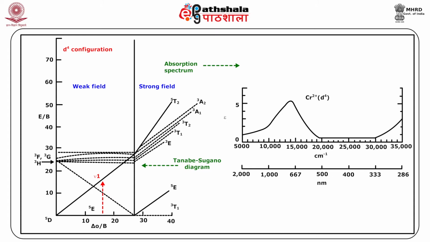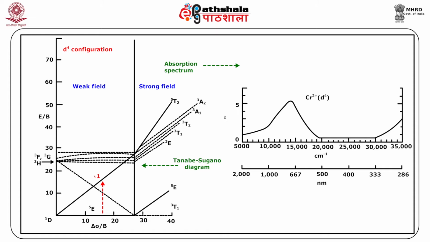In case of weak field, the term 5D splits with the ground state term as 5Eg, having the anticipated spin multiplicity of 5. Now, as we move from the weak towards the strong field limit, it can be seen that the ground state changes to the triplet T1g, which correlates with the triplet H term in the free ion case. The spin multiplicity of this term is 3, as was likely to be.